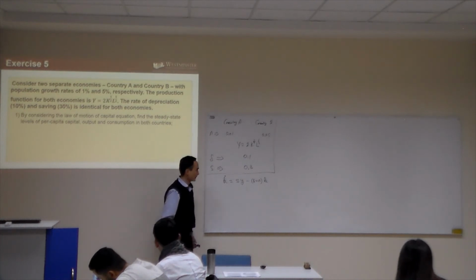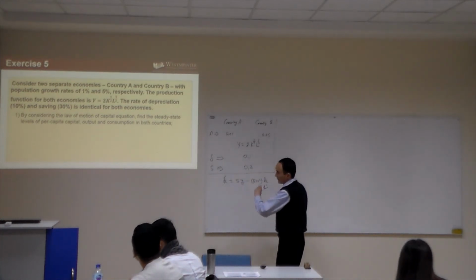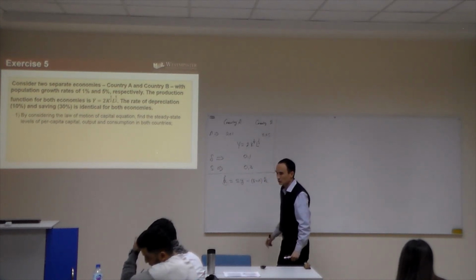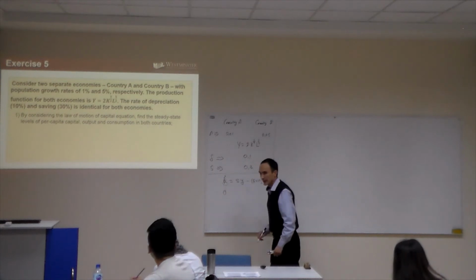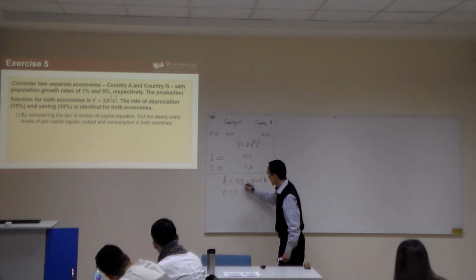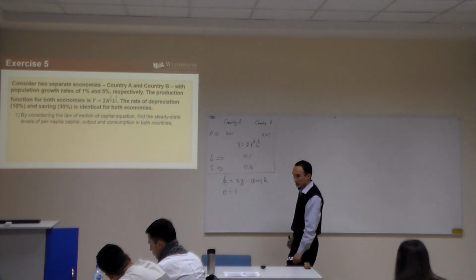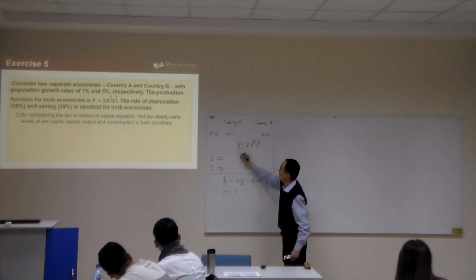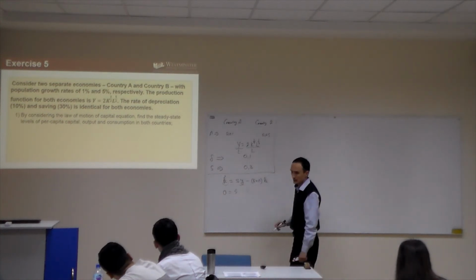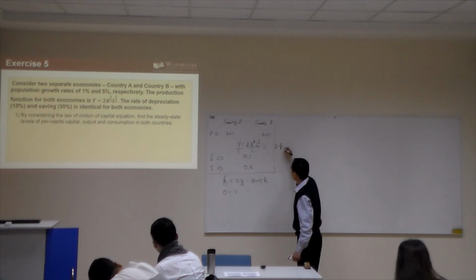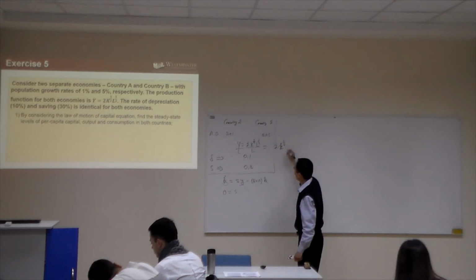Right? Okay. So now we should find the steady state level. In steady state level, if this change is equal to 0, right? It's going to be 0. And saving rate times what our per capita output is equal to. In order to find it, we have to divide both sides of this equation by L, yes? Which will give us, it is equal to 2 times per capita capital in the power of 1 over 2.